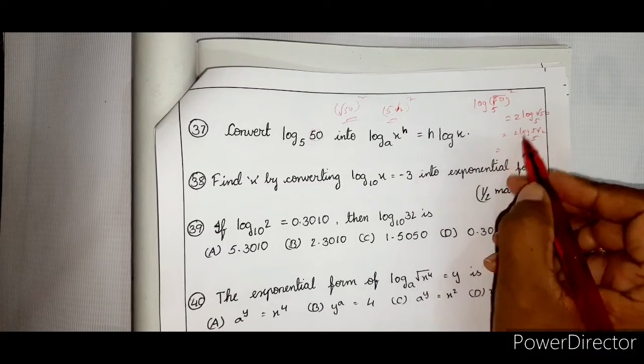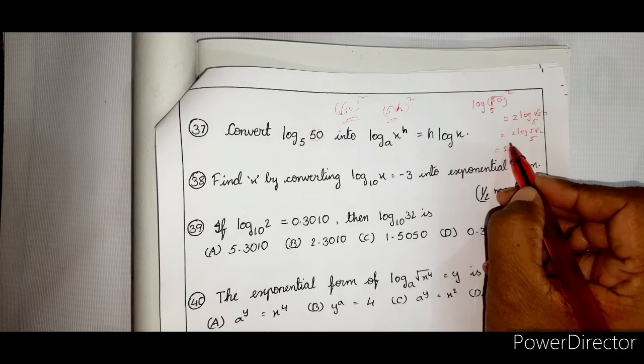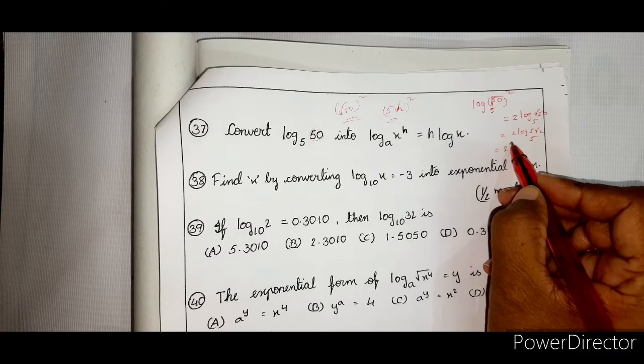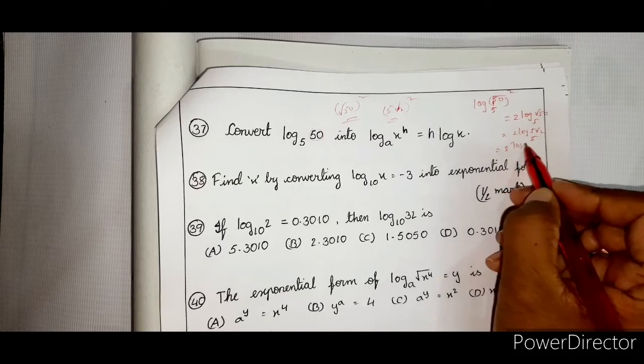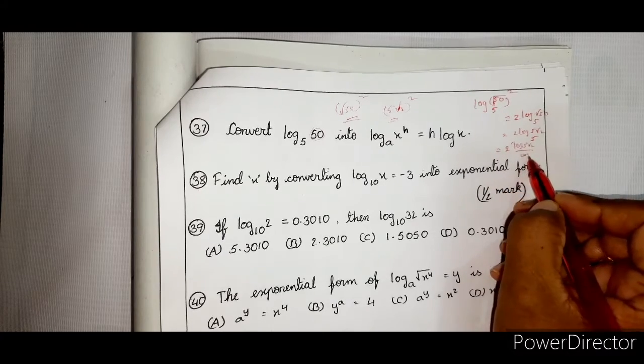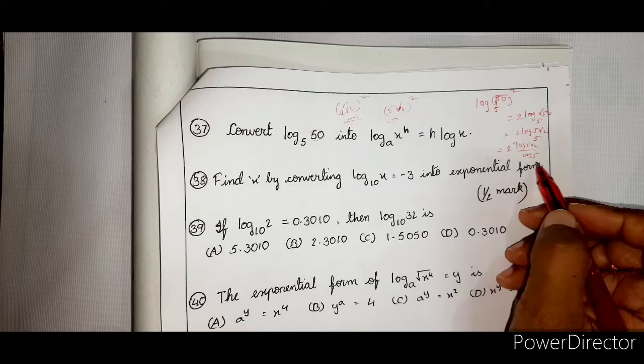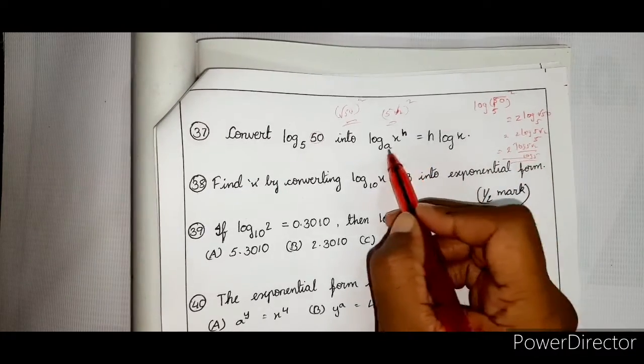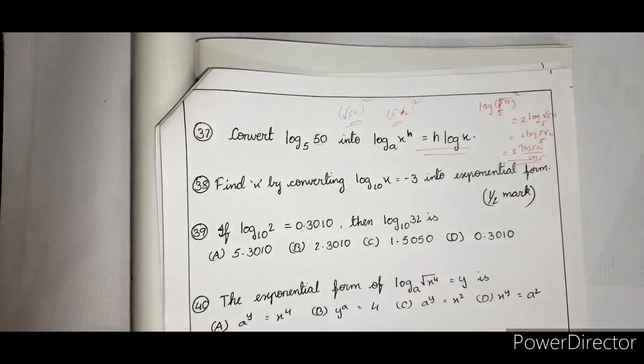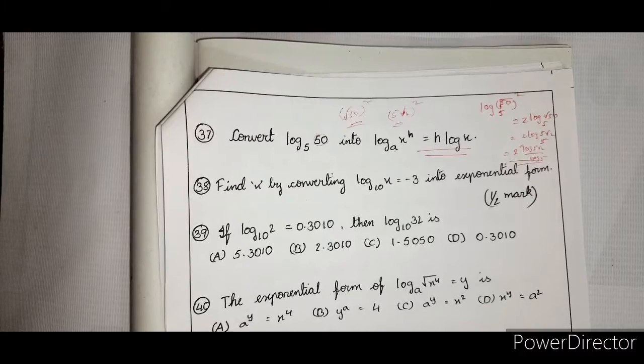Further simplification if you want: this is 2 log 5 root 2 by log 5. But here he is asking only to write it here. Depends on your multiple choice.